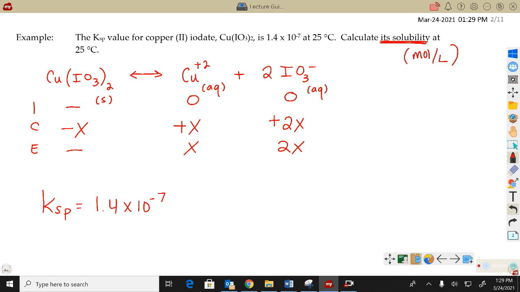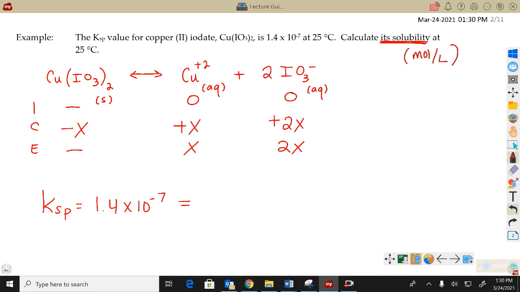All of these systems have energy as part of the system, even though we don't always write it in there. So if you add energy, you're going to shift the equilibrium, which would change the solubility, and that would change the KSP. So often these values are listed at a particular temperature. That's why they usually give some kind of a temperature with the KSP.